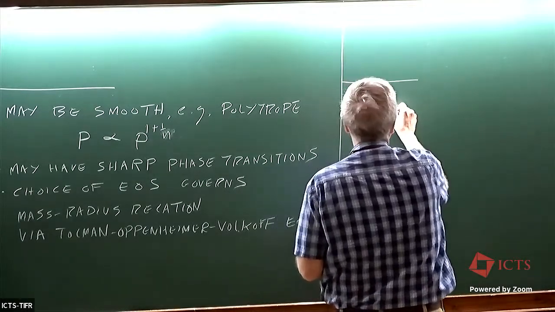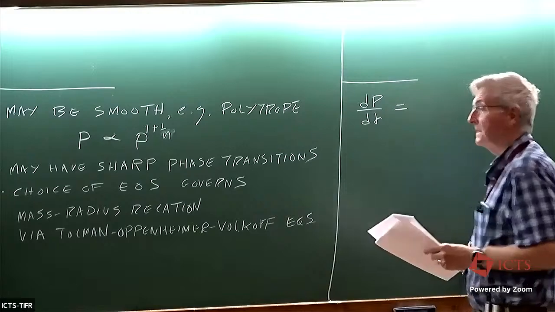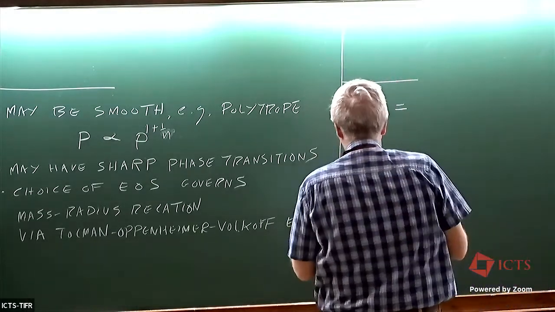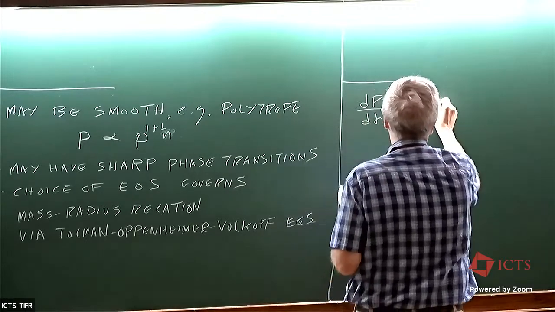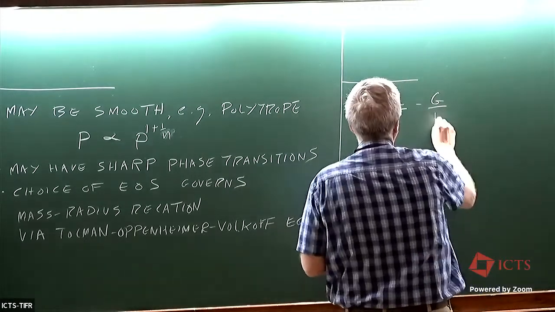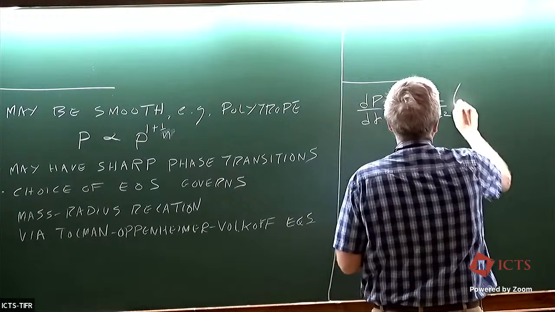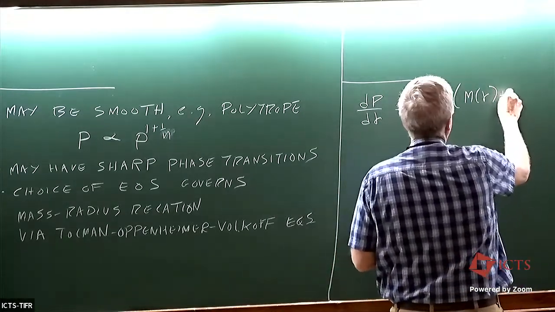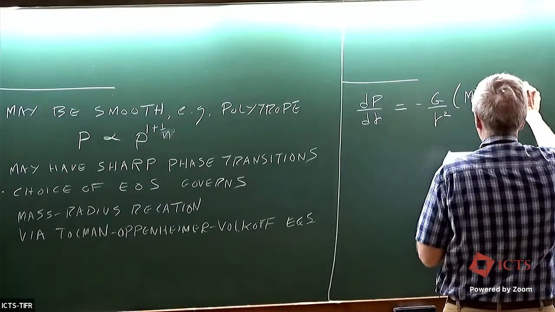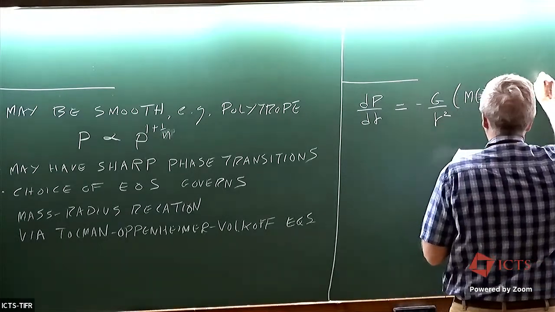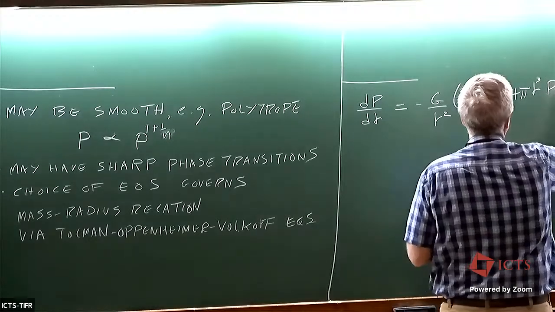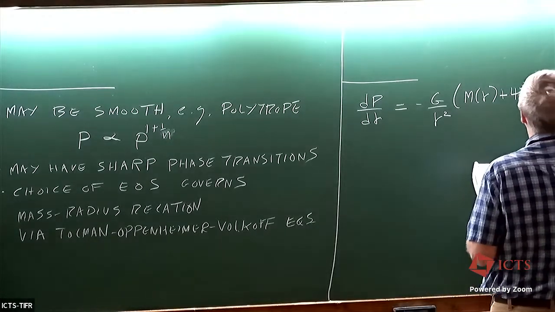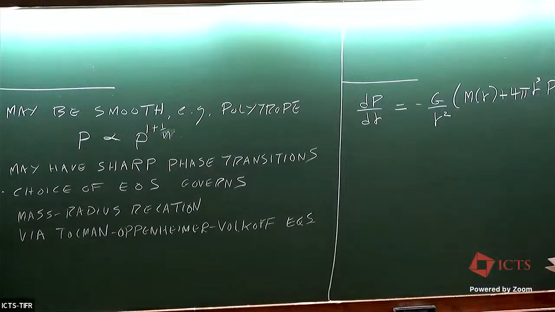So we say, as we imagine going out from the center of the star to higher radii, dP/dr equals minus G over r squared times M of r, by which we mean the mass inside of that radius, plus 4 pi r cubed pressure at that radius r over c squared. By the way, I'm going to use SI units throughout these lectures.